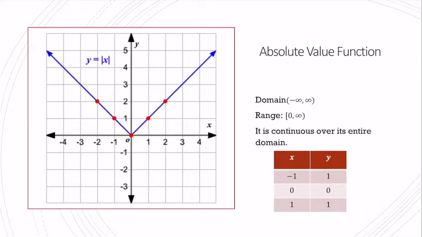I can take the absolute value of any number that's real. So the absolute value of negative 1 would be 1, the absolute value of 0 would be 0, and so on and so forth. So it is symmetrical. It has a line of symmetry. That's the y-axis. My domain is all real numbers, but my range goes from 0 to positive infinity.